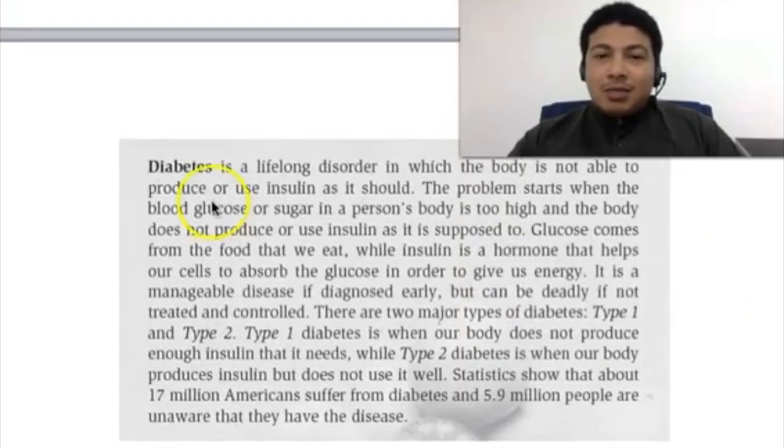The topic is diabetes for this paragraph, and the stated main idea is that diabetes is a type of health problem or disorder where the body is not able to produce insulin as a normal body would.